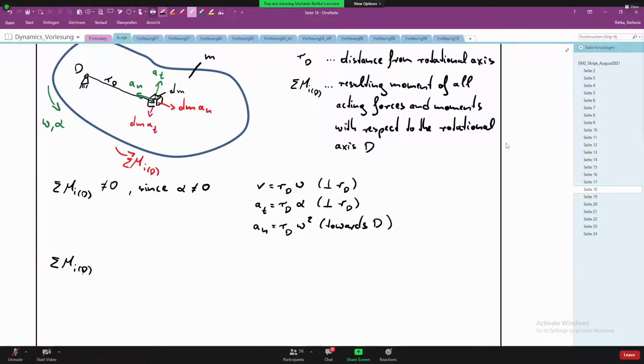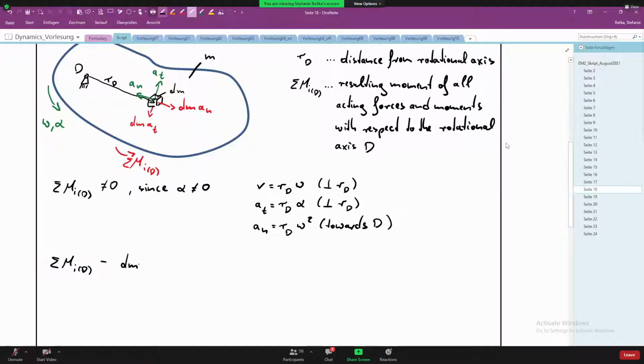And then additionally to our static system, we would have to consider the moment that is caused by the inertial force. And the inertial force is our mass element multiplied by tangential acceleration and then multiplied by the lever arm, which is the radius.